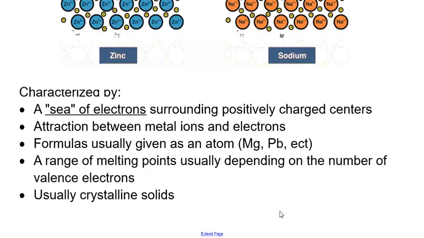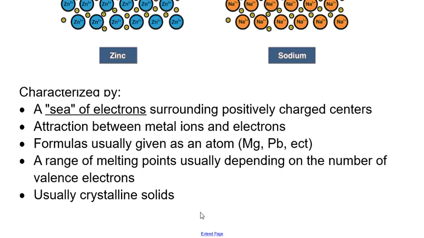It's an attraction between metal ions and electrons. All these attractions just pop in and out because these things become positive or whatever for a second. There's a range of melting points because it depends on valence electrons and attractions and a bunch of other things.